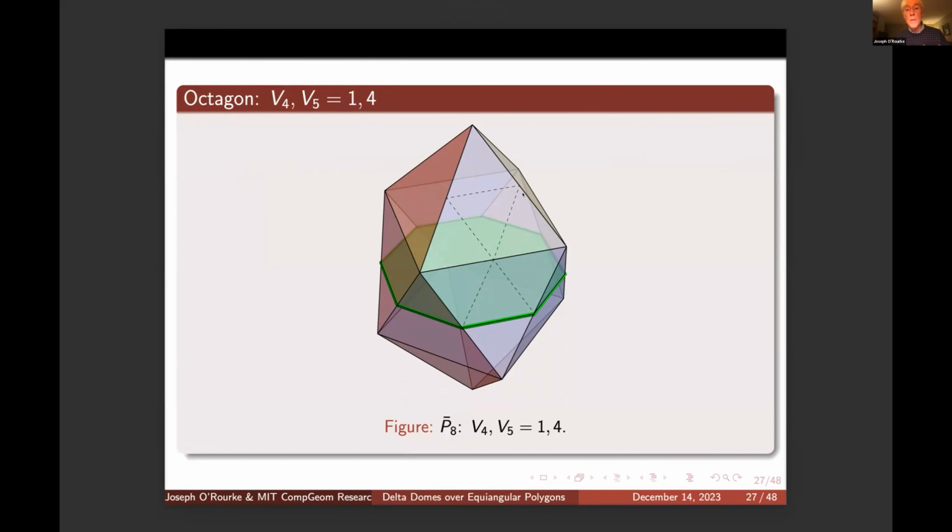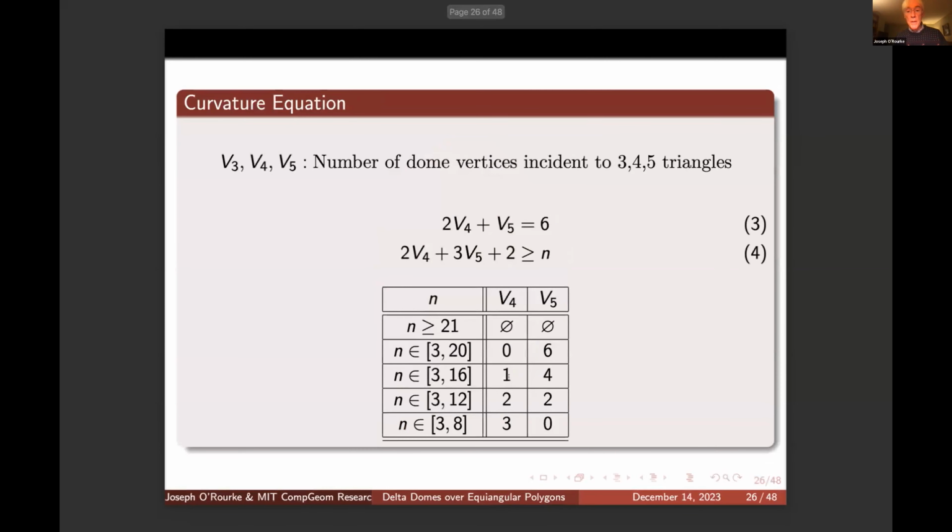And then 1, 2, 3, 4 vertices, and these are degree 5. 1, 2, 3, 4, 5 equilateral triangles on each of those vertices. So this has 1 vertex of V4 and 4 vertices of V5. And that's exactly this line of the solution set.